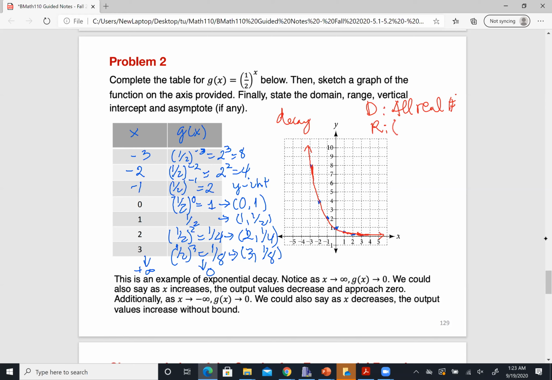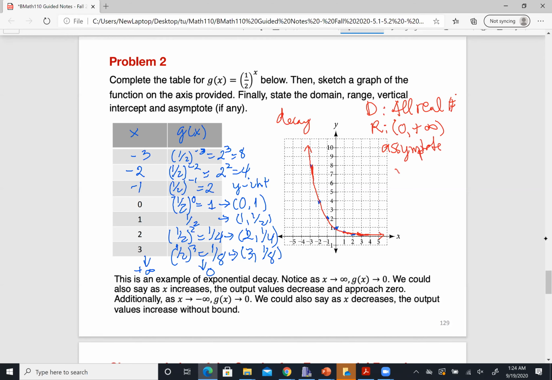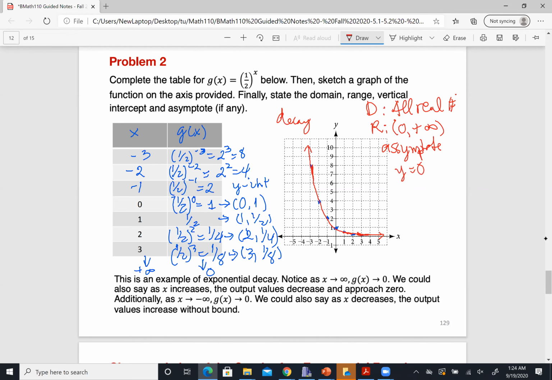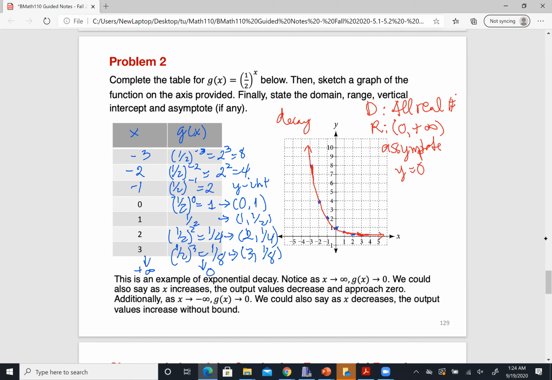So you say 0 to positive infinity, not including 0. The asymptote is the same as before, y equal to 0. So this is an example of exponential decay.